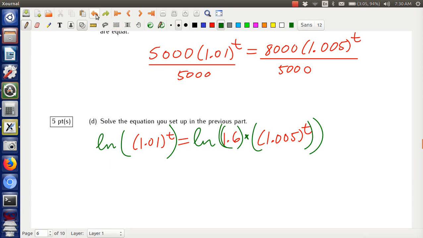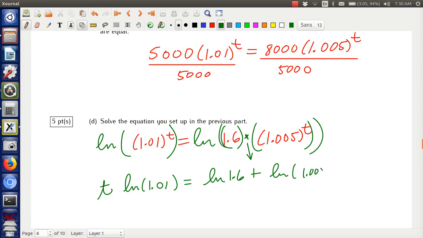So when you take the natural log of this mess, it's T natural log of 1.01. And over here, it's going to be natural log of 1.6 plus, because the times turns into a plus, natural log of 1.005 to the T, but that means the T gets to hop down. So this T now disappears and goes down there.